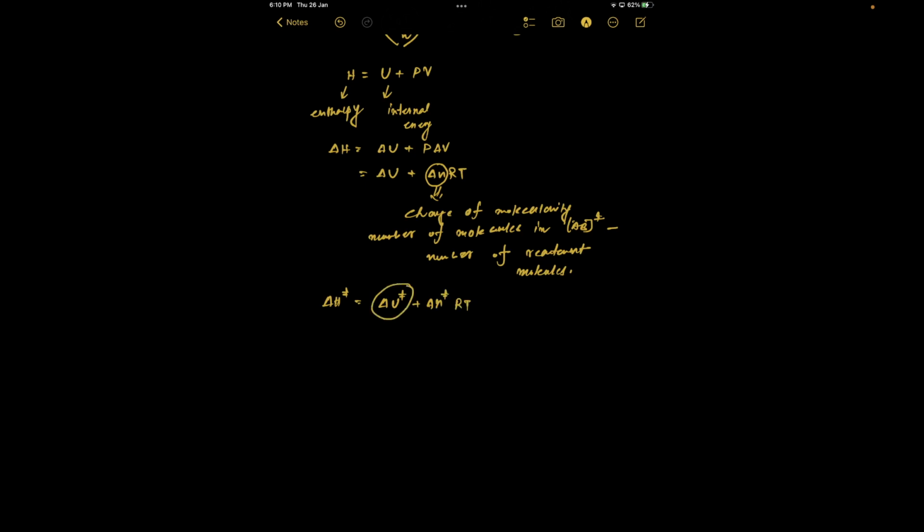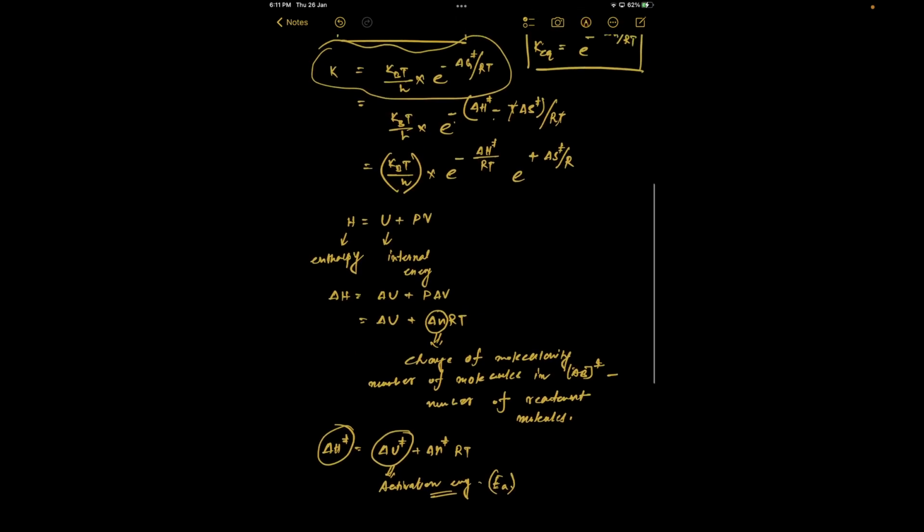Delta U double dagger is basically the internal energy of activation, which we can write as the activation energy, EA. Okay, now just put the value of delta H double dagger in this equation.